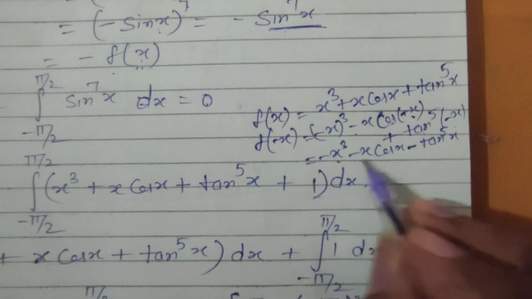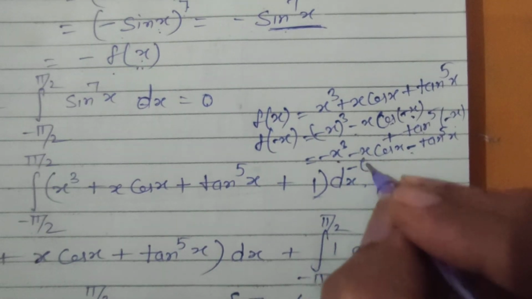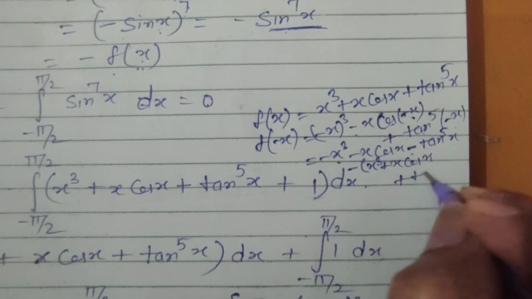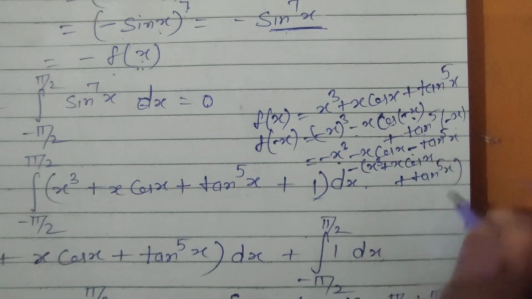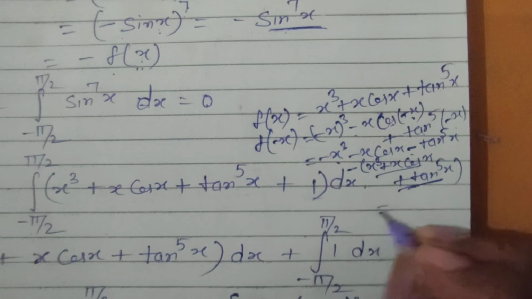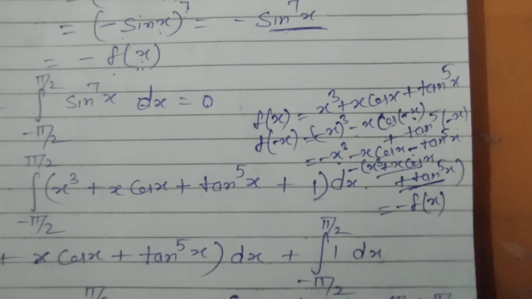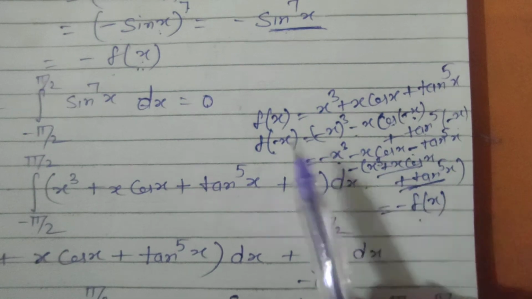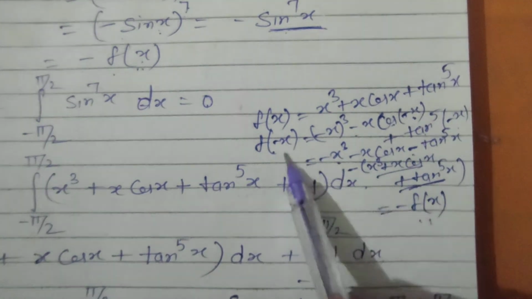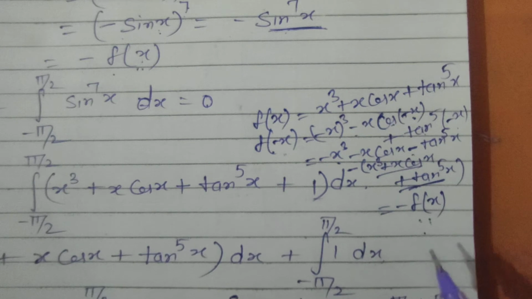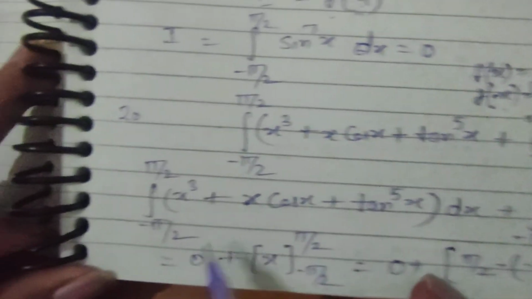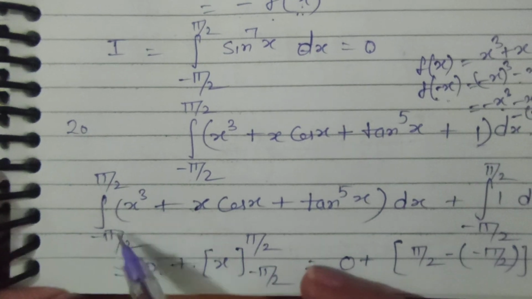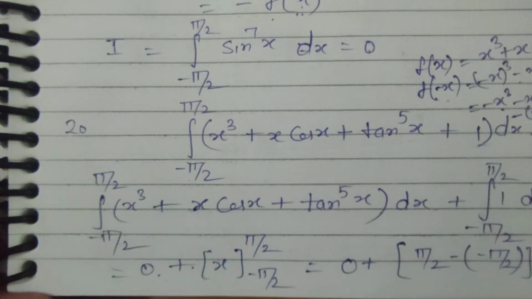So look at this, we can take minus common, so it is x cube plus x cos x plus tangent raised to power 5x, and this is f(x), so we can write this is minus of f(x). So here f of minus x is minus f(x), this is odd function. So if it is odd function, then this value is 0. Integration of this is 0 when limit is minus pi by 2 to pi by 2.